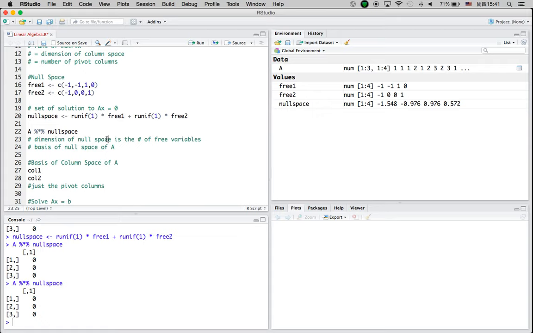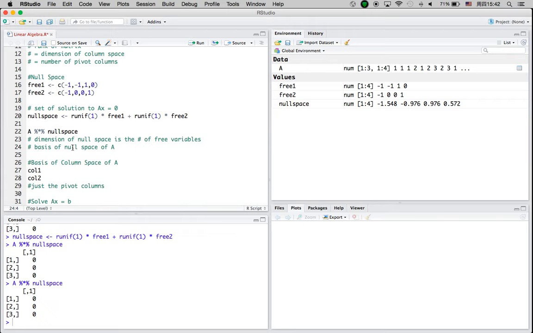The dimension of the null space is just the number of free variables. By looking at the row reduced echelon form, the third column and the fourth column have the free variables, so the dimension of the null space is 2. And since these two are linearly independent, the basis of the null space is just these two. The basis of any space should satisfy two conditions.